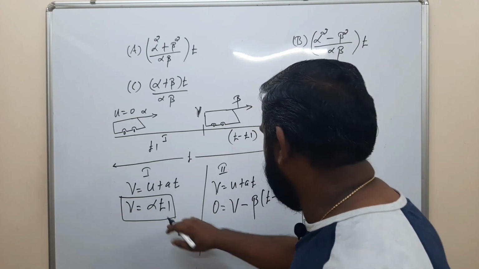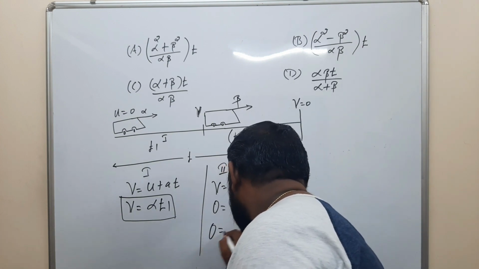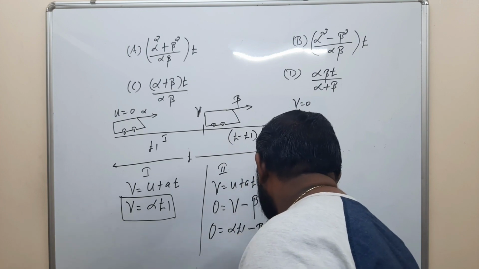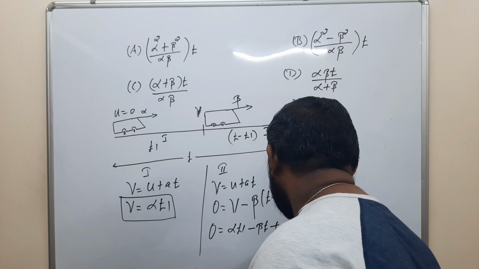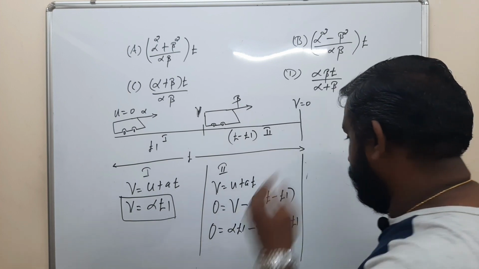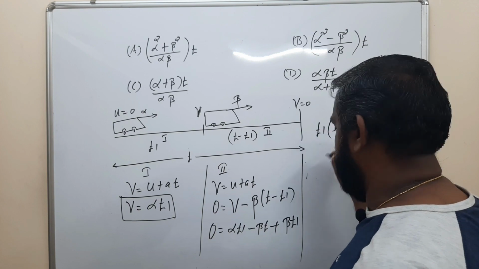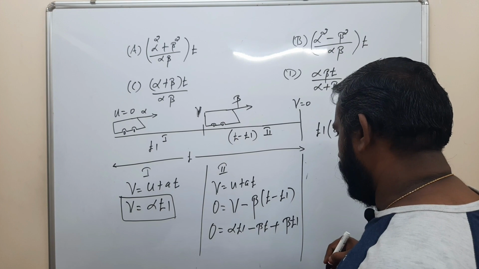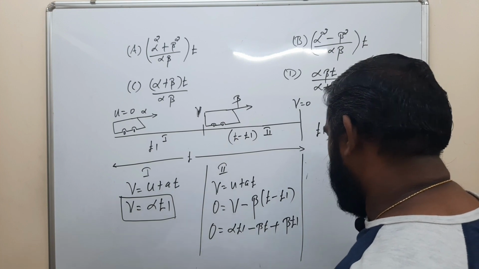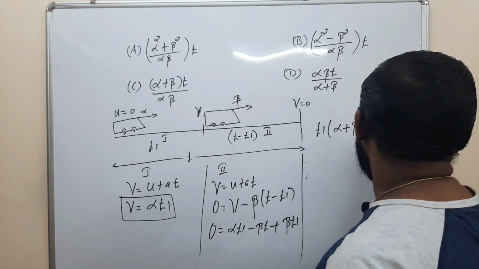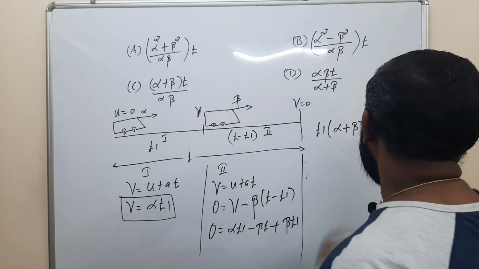What is the value of v? That is alpha t1. So 0 is equal to alpha t1 minus beta t plus beta t1. Taking t1 common outside, we get alpha plus beta, and bringing minus beta t to this side, we get beta t.